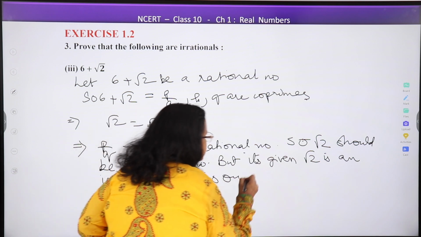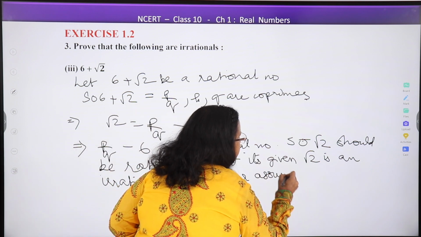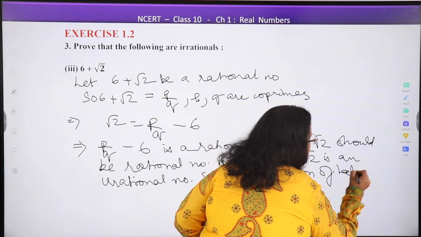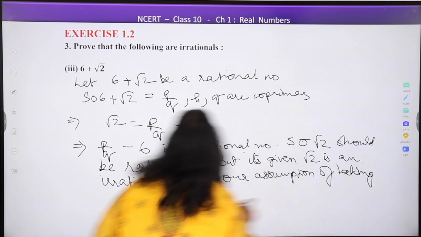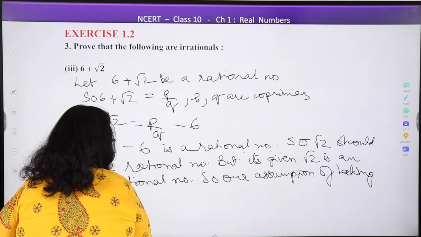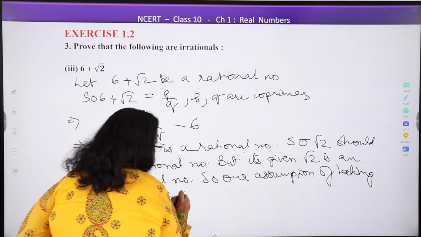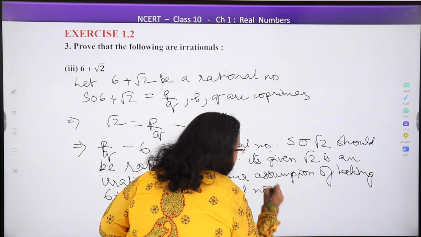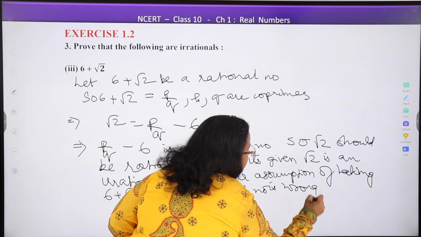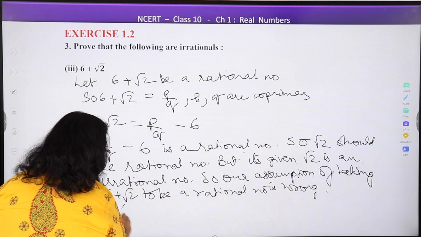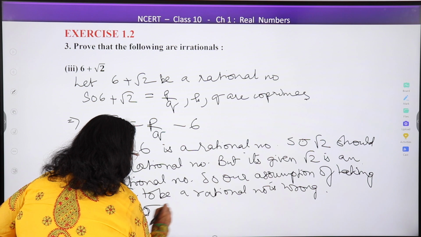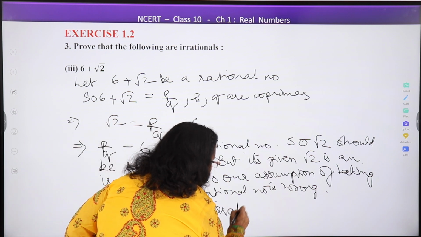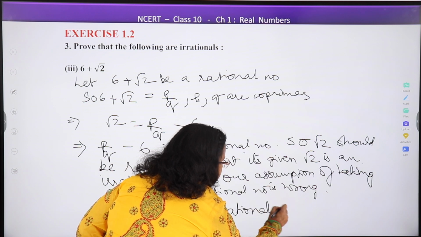So our assumption of taking 6 plus root 2 to be a rational number is wrong. So 6 plus root 2 is an irrational number.